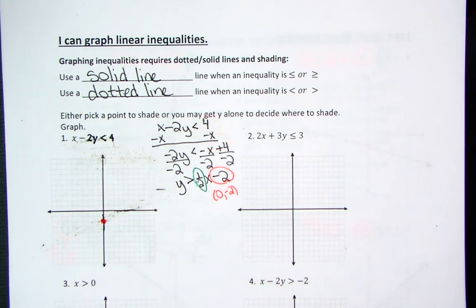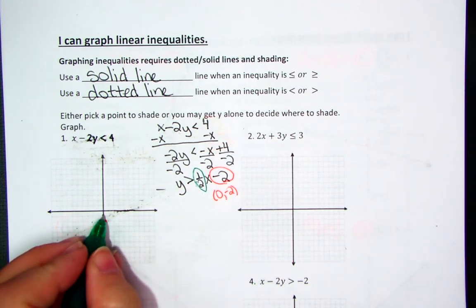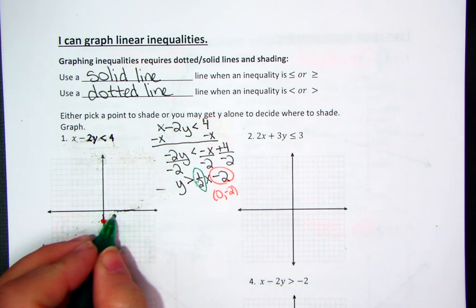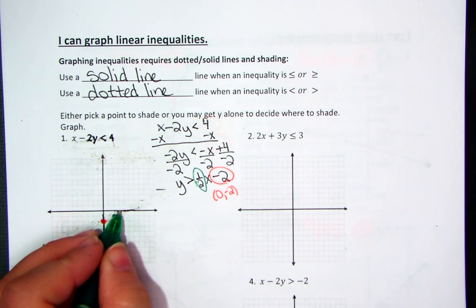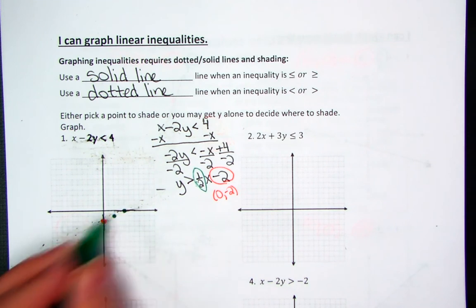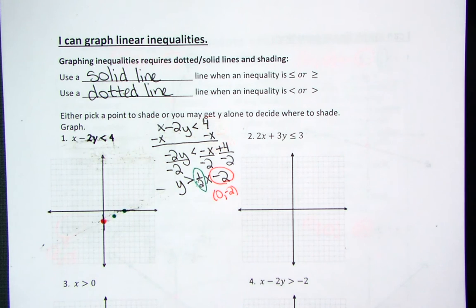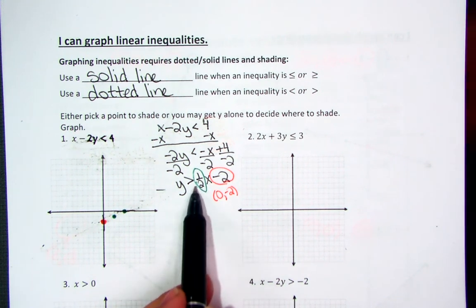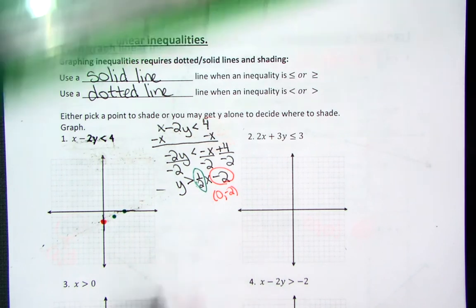Then the slope tells us to move up 1 and right 2. Do it at least one more time. Before you connect the dots, decide whether you'll use a dotted line or a solid line. Because this does not have an equal to symbol, we'll use a dotted or dashed line.